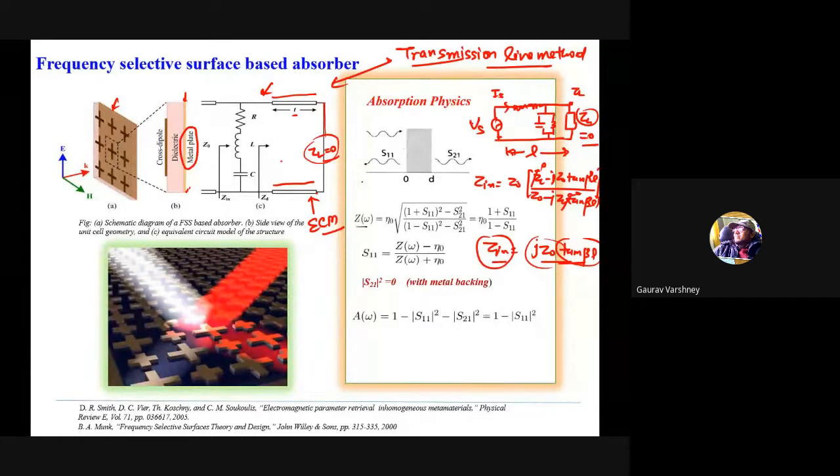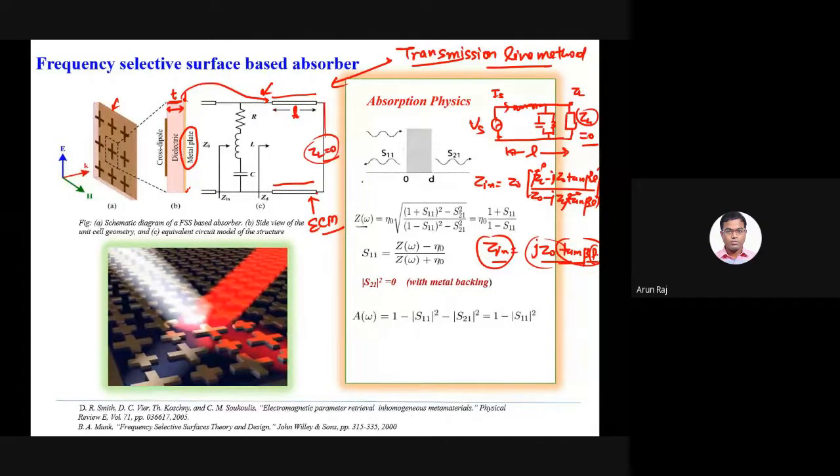If we calculate the reflection coefficient according to the transmission line length L or T, it is represented by T or L, whatever. In that case, this will be working as a perfect reflector. And finally, there is some dielectric spacer, and suppose this is the thickness T or L of this dielectric spacer. It will be represented by a transmission line having thickness T or L.